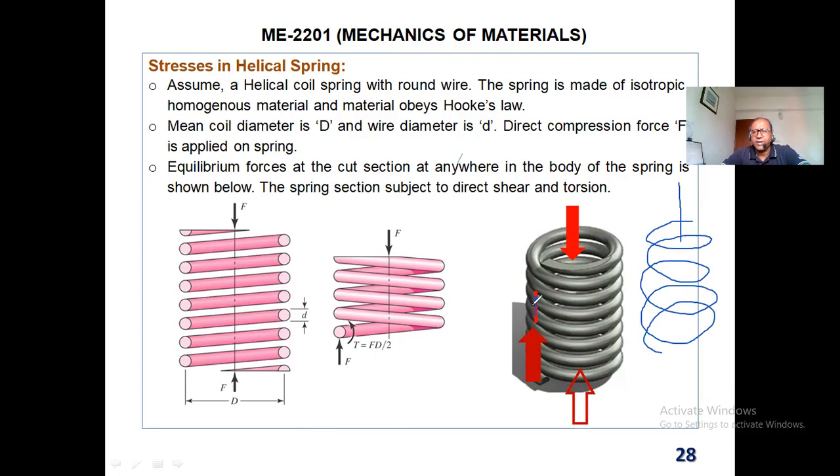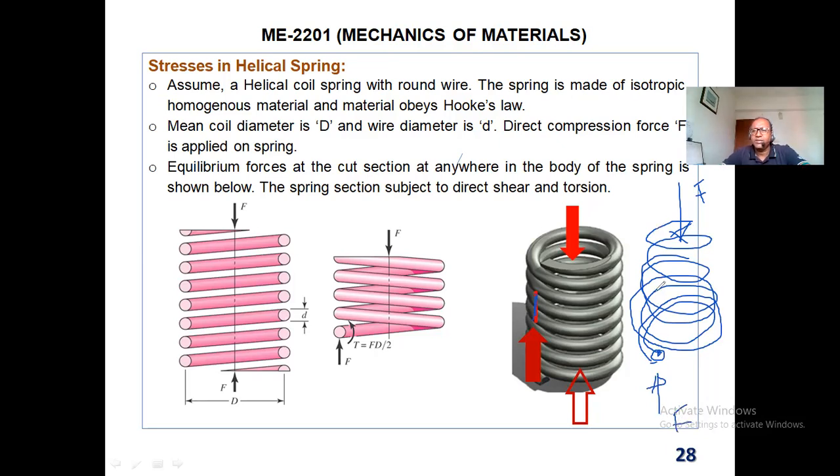So I cut it right over here and I took the bottom part. I like to make the free body. This is F. So right over here in the wire, kind of diameter like that, right? This wire gradually goes in the upward direction. So right over here, this wire has the same amount of force F.